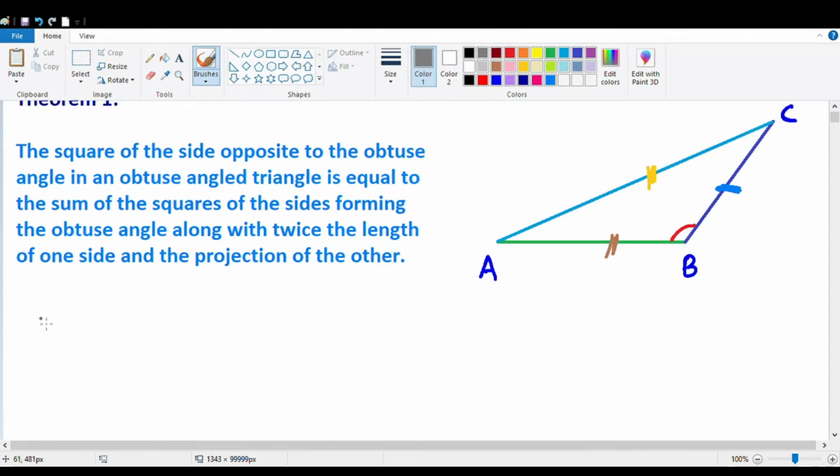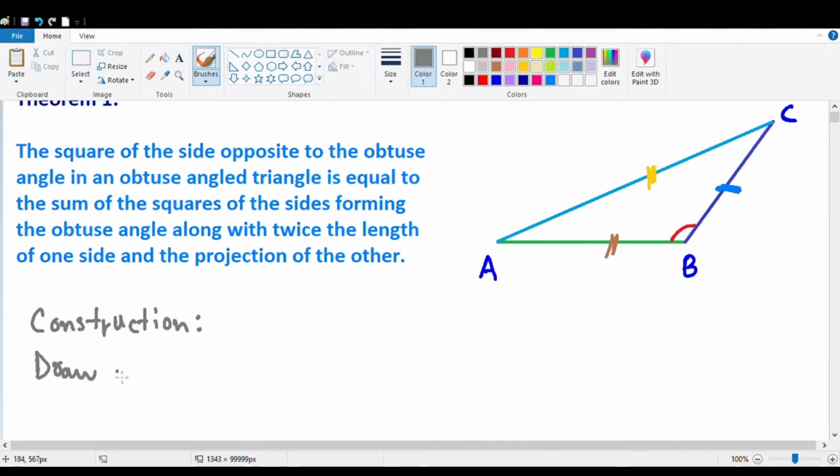Construction. So we're going to do the construction right here. I'm just going to write what we're going to do as well.